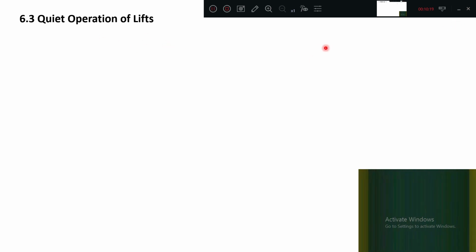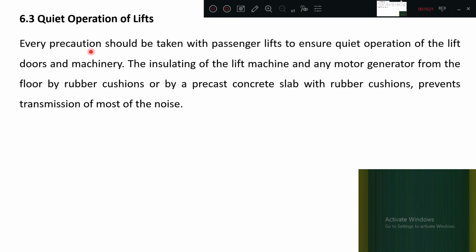What does quiet operation of the lift mean? Every precaution should be taken with the passenger lift to ensure quiet operation of the lift doors and machinery, meaning smooth movement and smooth closing and opening. The lift machine and any motor generator should be insulated from the floor by rubber cushions or by a precast concrete slab with rubber cushion. What do you mean by this?